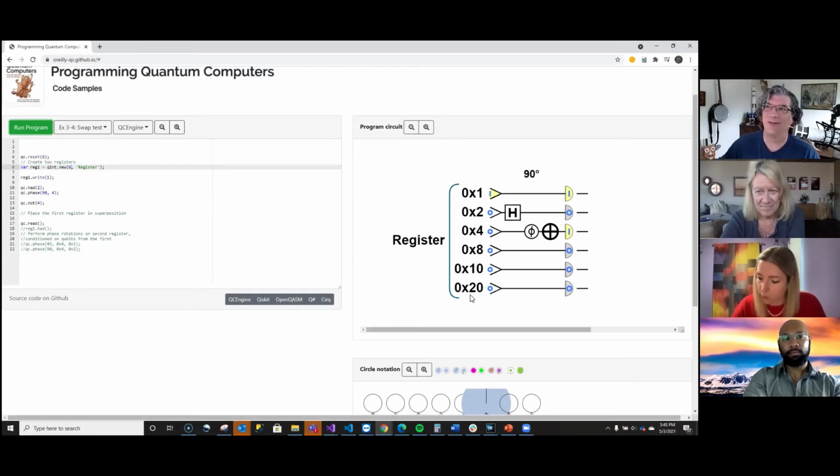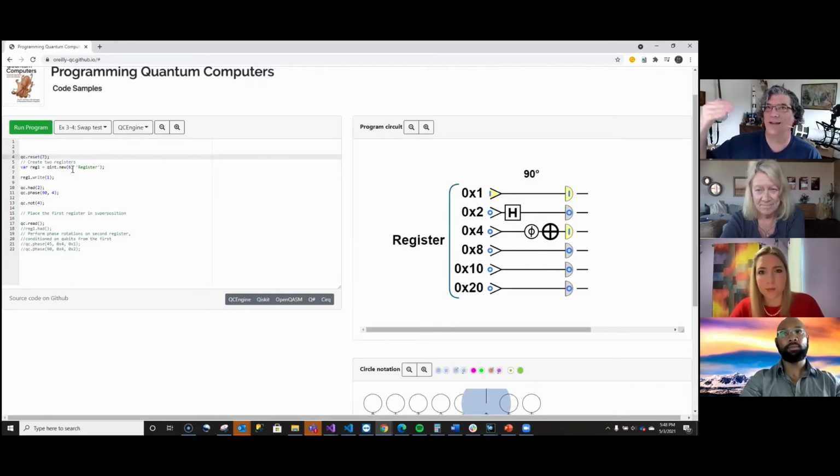So 1, 0 in hexadecimal is actually 16 in decimal, which is 2 to the power of 4. Then 2, 0 in hexadecimal would be 32. Did I get that right? So 5 qubits is 32, and 2 to the 4 is 16.